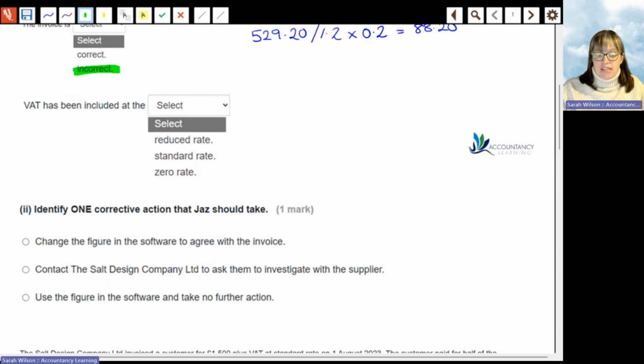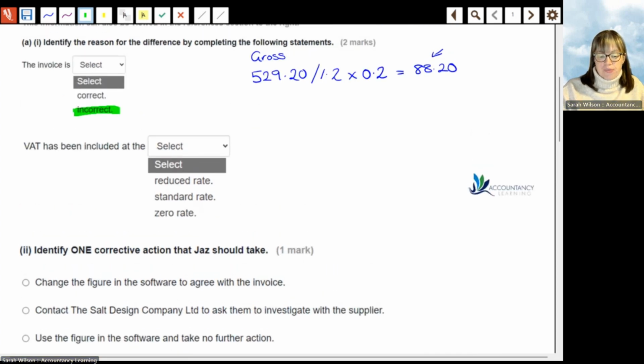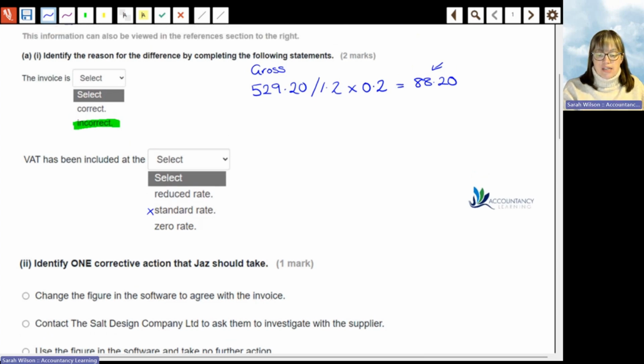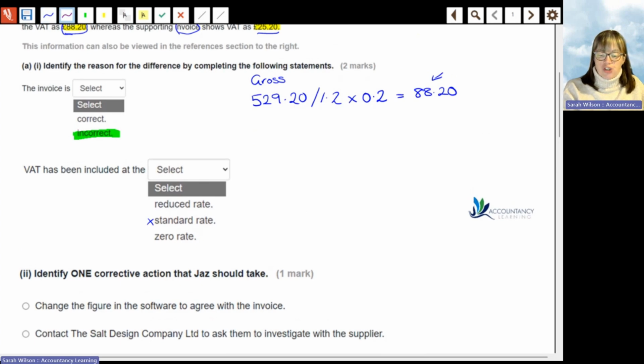It then says VAT has been included at the, and then we've got three options. So we can first of all discount our standard rate option because we know that the invoice is wrong, so we know it's not going to be standard rate. So let's have a look whether it would be the reduced rate.